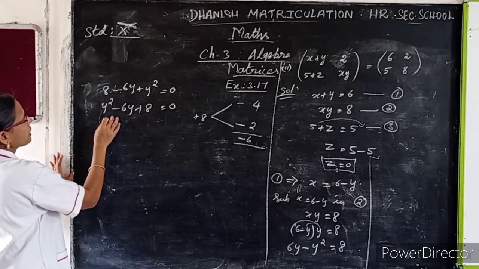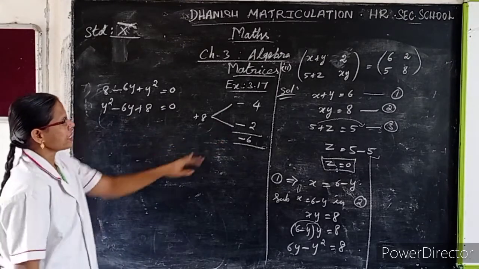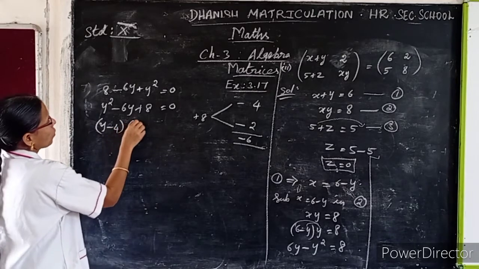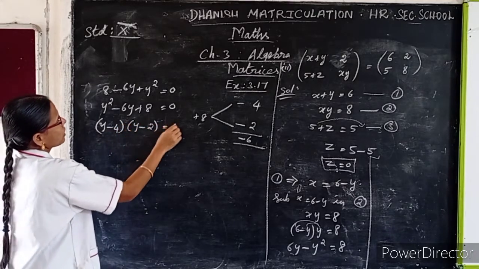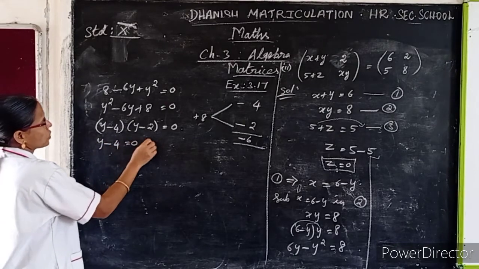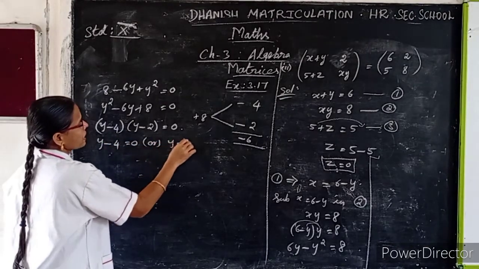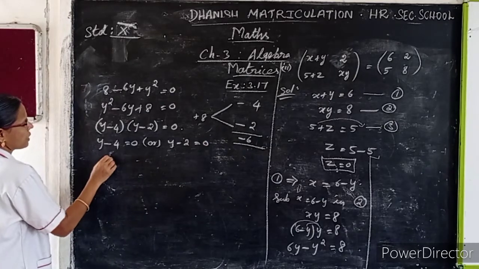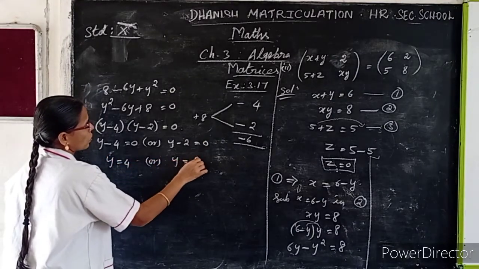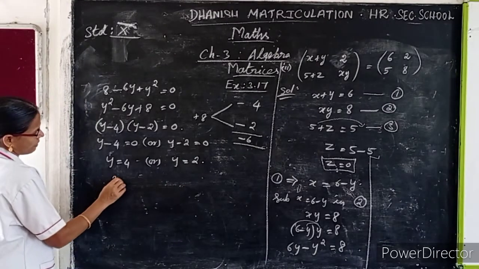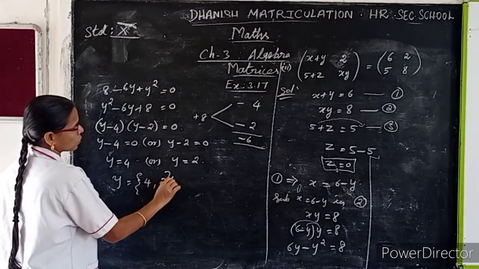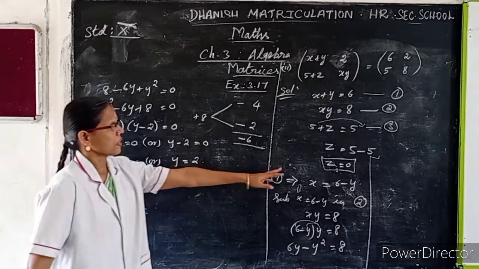Okay, this quadratic equation can be written as y minus 4 into y minus 2 is equal to 0, which can be written as y minus 4 equal to 0 or y minus 2 equal to 0. So y is equal to 4 or y is equal to 2. So the y values are 4 comma 2.